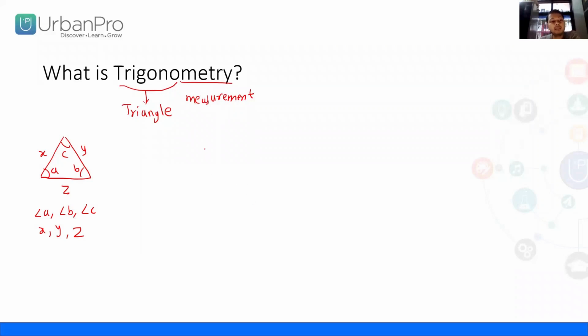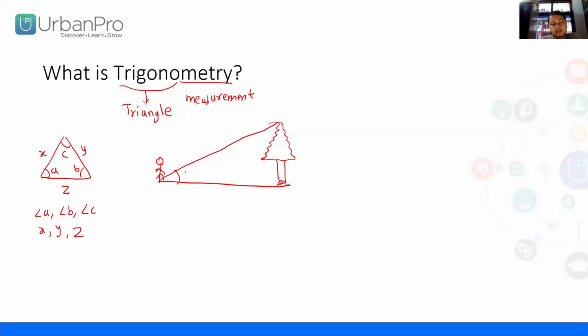Now, how can this be used in our day-to-day practical life? Suppose I'm giving you one example. There is a tree here, and you are standing here, and you know the angle between the top of the tree and the foot of this person.